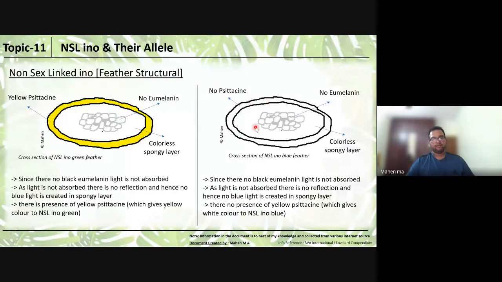As I explained previously, in the NSL Lino mutation no blue light is created, and if we combine it with blue, there are no psittacins either, because blue comes under psittacin mutation. So there is no psittacin also. This results in white feathers on the albino.